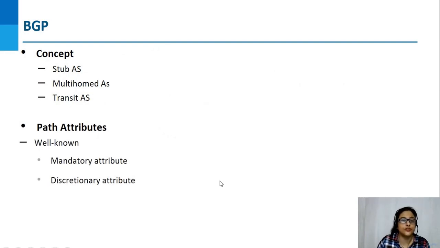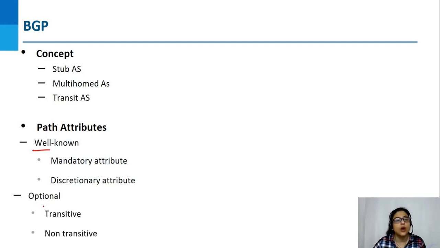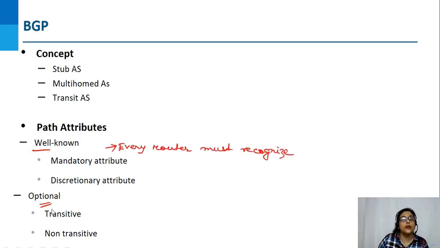Let's understand path attributes. There are two types of path attributes. One is the well-known path attributes and the other one is the optional path attributes. Let's first understand what a well-known path attribute is all about. A well-known path attribute should be recognizable by every router. Now, this well-known path attributes can be of two types.